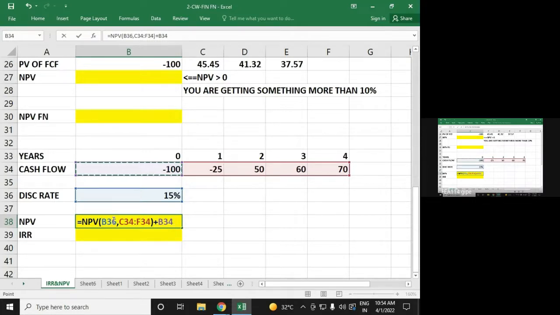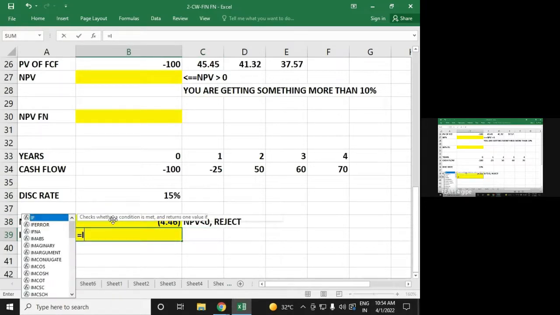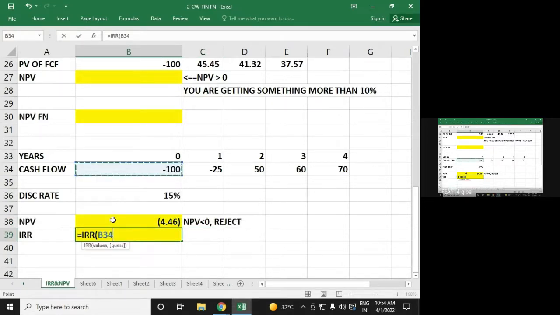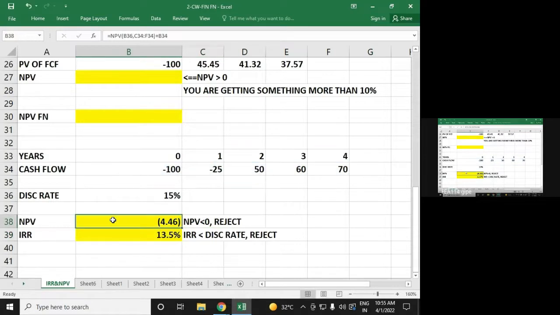Correct. So NPV less than 0, so reject the project, and then you do IRR. IRR less than cost of capital or discount rate, therefore reject the project. Correct. Here is the function for NPV.